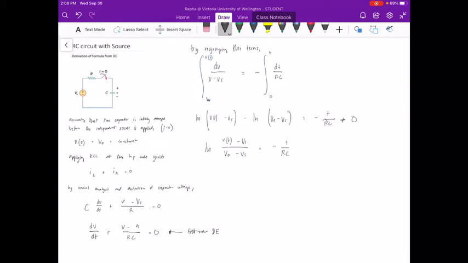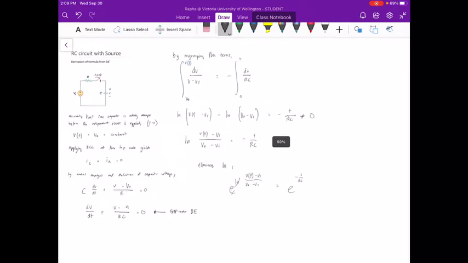Again, we need to eliminate ln. We have to use e to the power of ln of (V(t) minus Vs) over (V0 minus Vs) is equal to e to the power of negative t over RC. So that eliminates our ln on the left side of the equation.